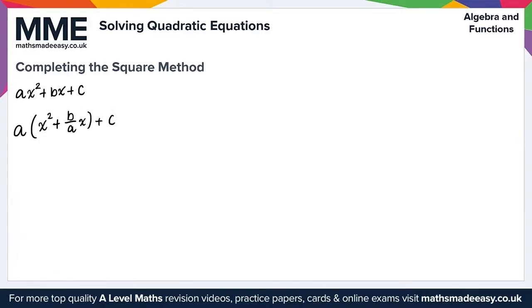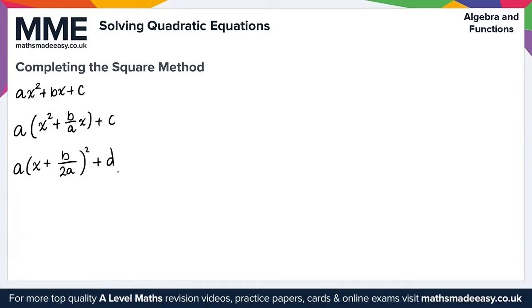Now here we need to halve the coefficient of our x term, and we rewrite the brackets as one squared bracket. So in that case this would look like a bracket x plus b over 2a, and we square this bracket here. Now next we need to add d to the bracket to complete the square. So this becomes a lots of x plus b over 2a all squared plus d.